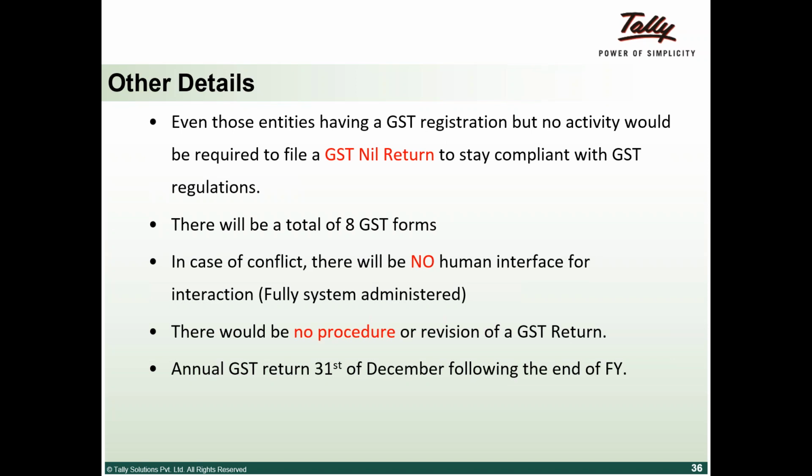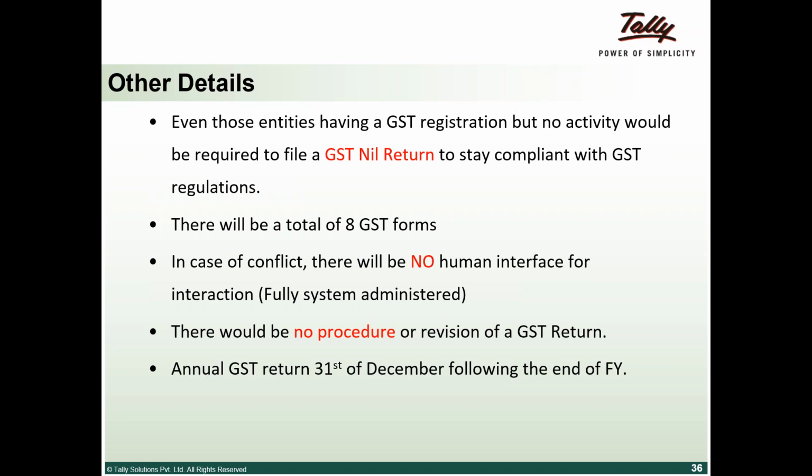This should generally tie up with your financials, and it will also make it easier for an assessment to happen, because an assessing officer need not look at 12 different monthly returns, though technology enables you here to square off everything on a monthly basis. So basically GSTR 3 on a monthly basis would be enough to tell that my entire transactions are here. But GSTR 8 gives you a view of the 12-month transactions.